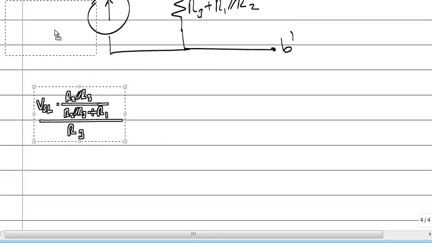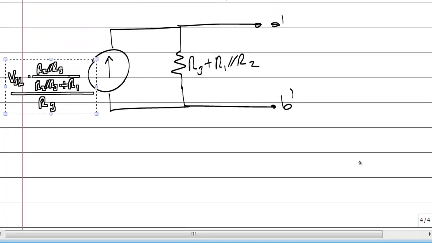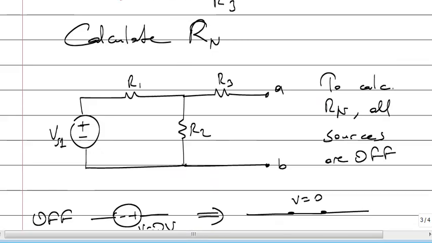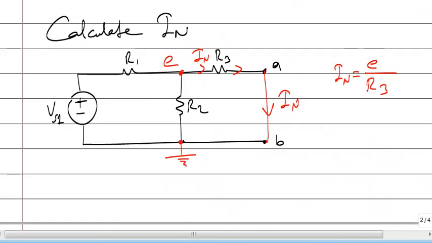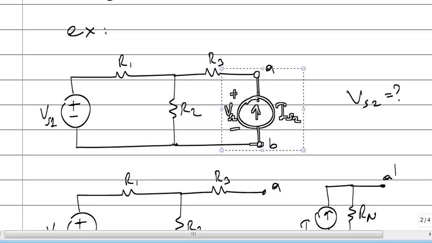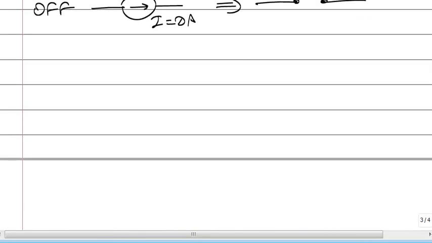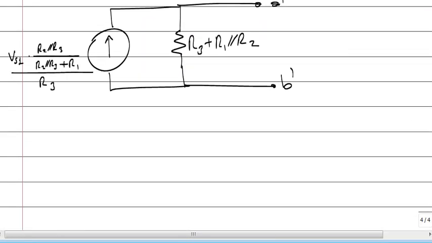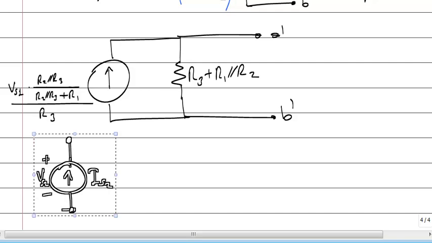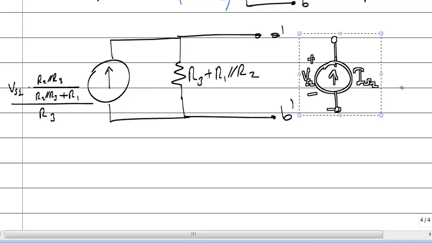So this is the equivalent of my circuit. And then what was the question? The question is to calculate VS2, the voltage of this component. I have rejected that component. Then I have calculated the Norton's equivalent of the remaining part. Now I will insert the component to make the analysis. Okay, connect like that.